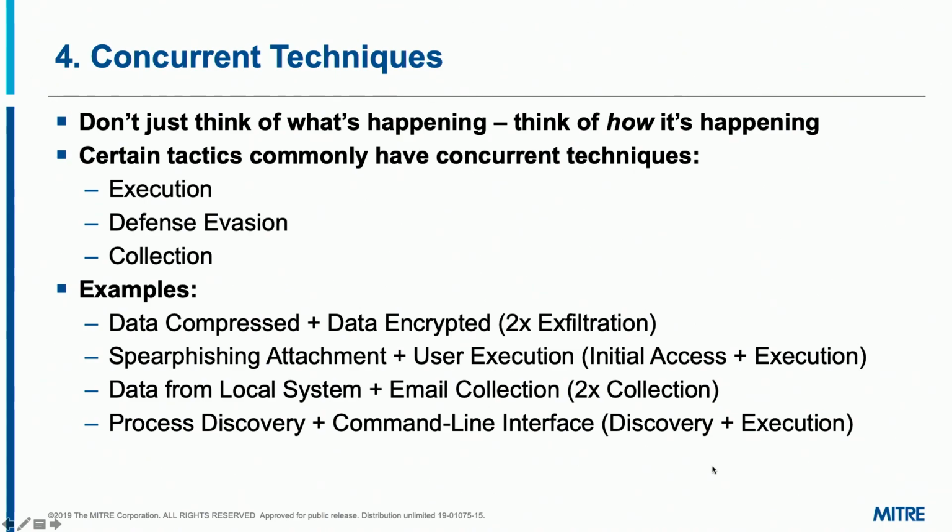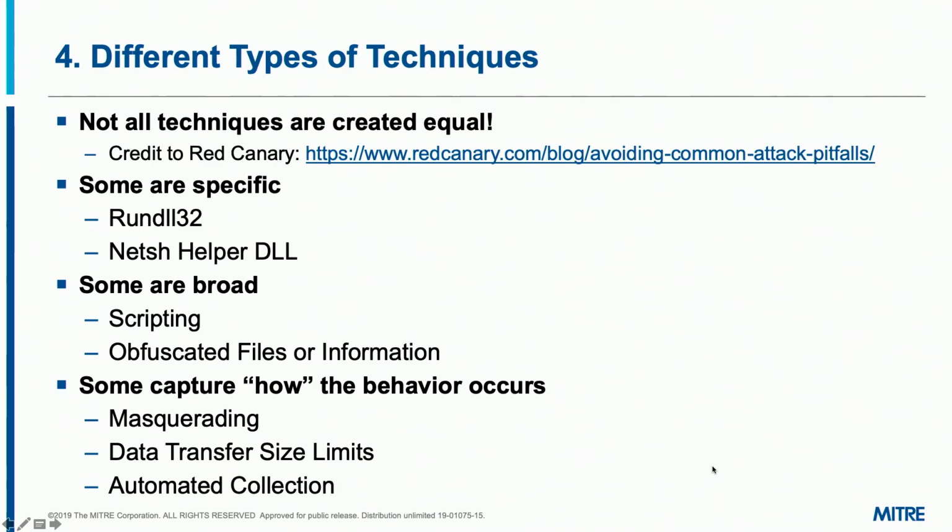We often see in reporting that a spearphish is coming with an attachment and a user clicks. This is user execution. So this is initial access and execution happening together. Data from local system and email collection can be the exact same activity. So where an actor is grabbing a PST file, that's two different types of collection happening at the same time. And finally, a lot of these discovery techniques can be command line interface, where there are Windows built-in commands being run one after another.